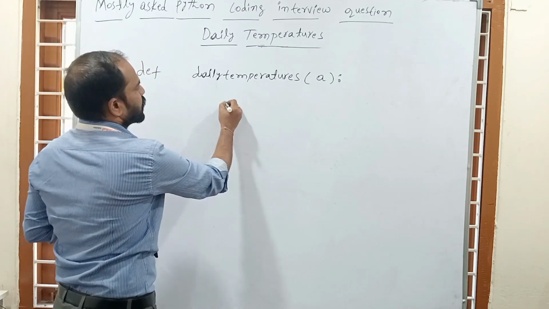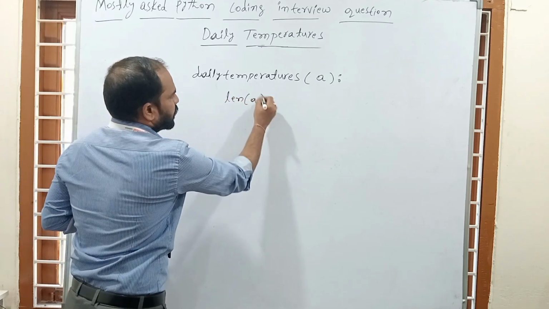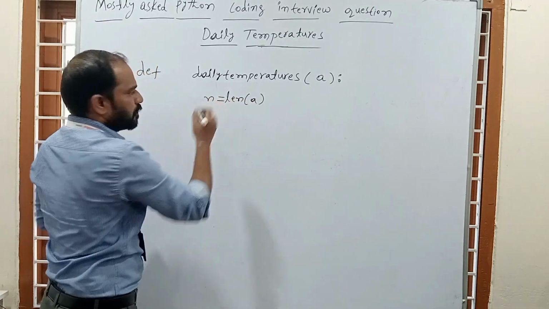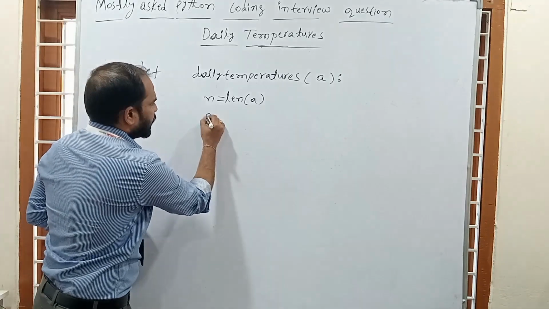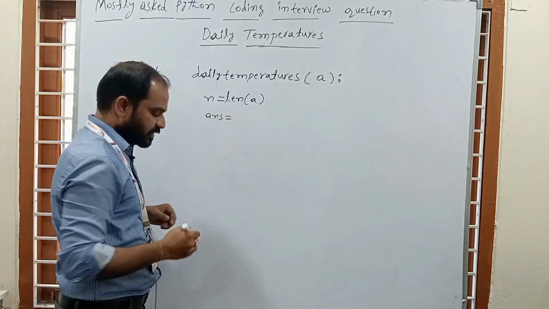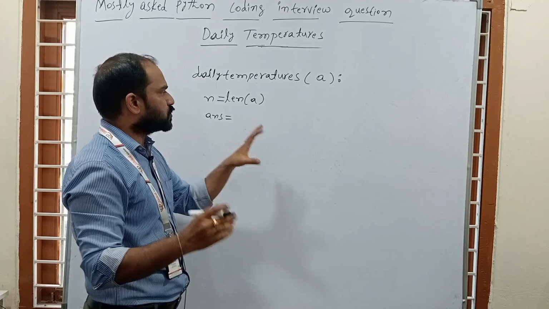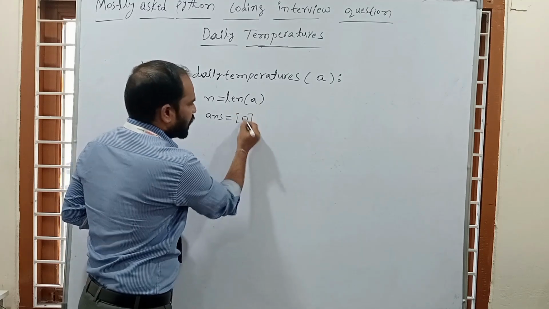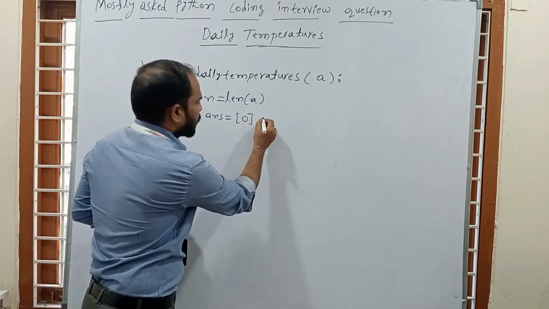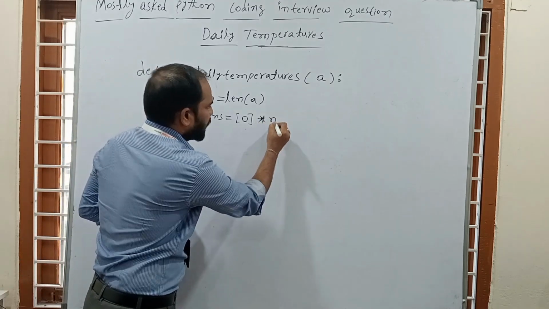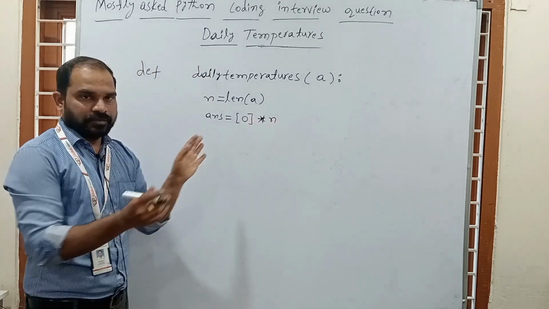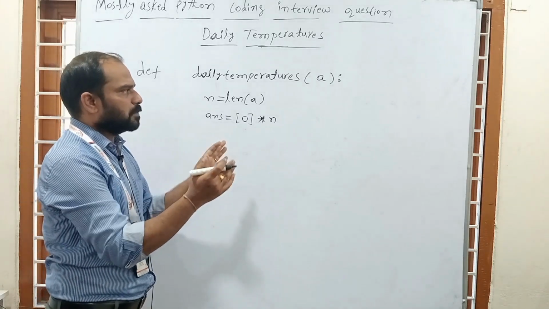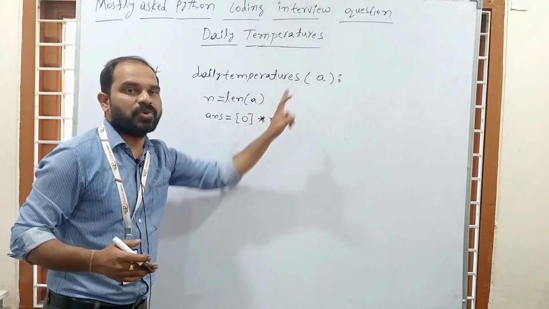So first of all we find the length of a and assign it to one variable n, and we create a list in which we are going to store the result. The default value is 0, and you can multiply it with n to get the total number of elements, equivalent to the input list.